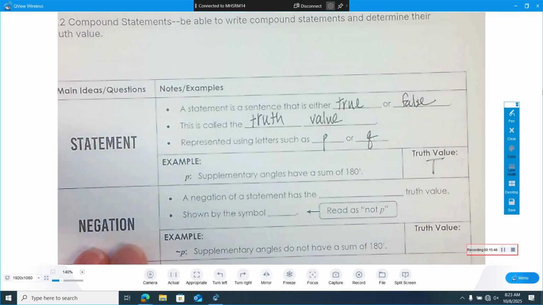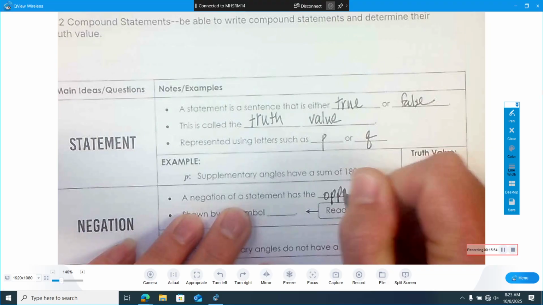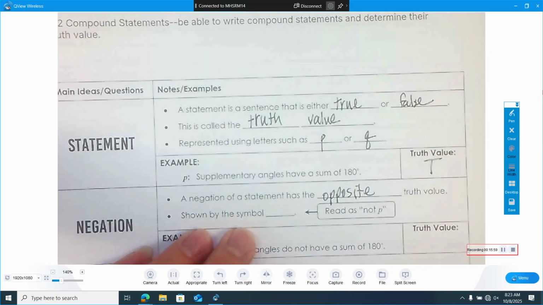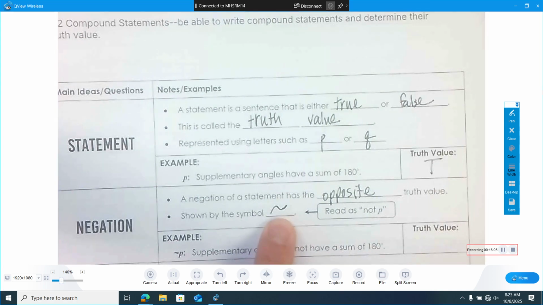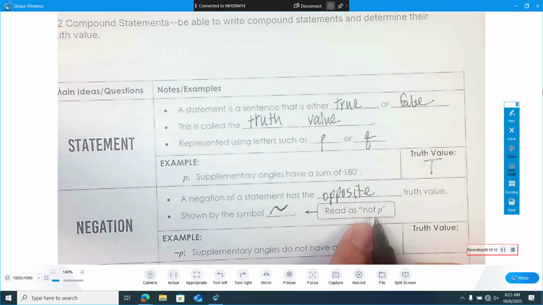A negation of a statement has the opposite truth value, and it's shown by the symbol of a little tilde. We use that in Spanish a lot. And this little symbol, this little squiggle, means not.